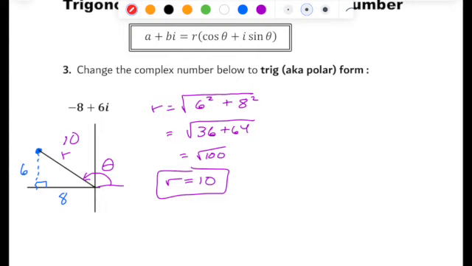Okay, so again, you can approach this purely from the formula standpoint and say tangent of theta is y over x, or b over a, 6 over -8. And you don't have to reduce it, but if you're one of those completists, you like to. So tangent of theta is -3/4.